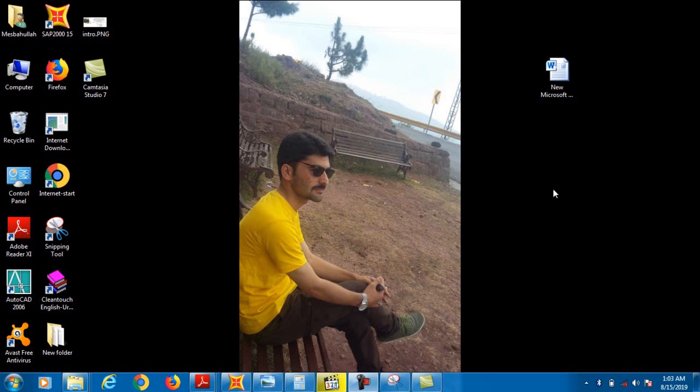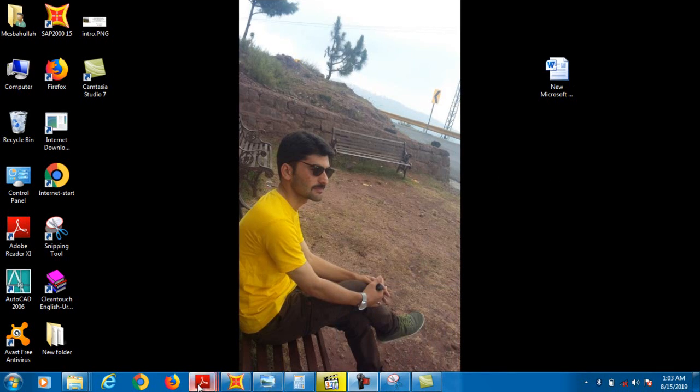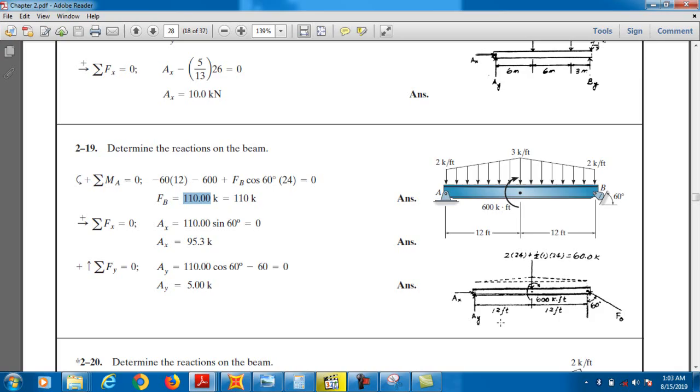In this lecture we are dealing with a simply supported beam, and this is also a simple beam, but the only tricky part of this beam is this inclined support.